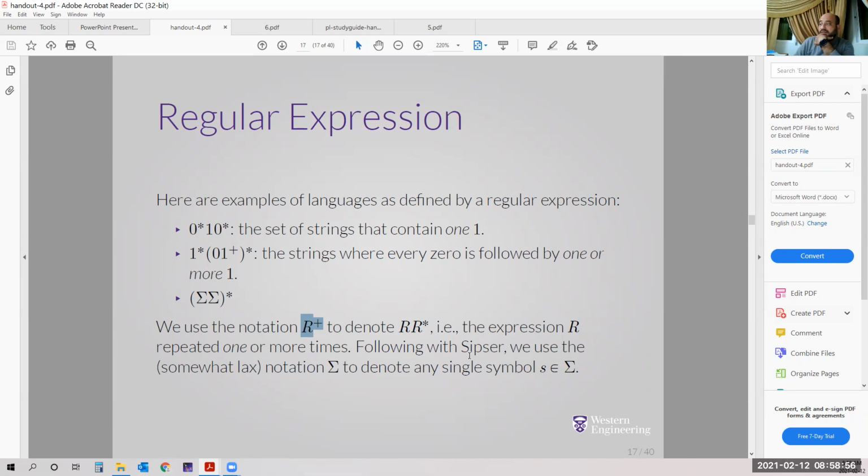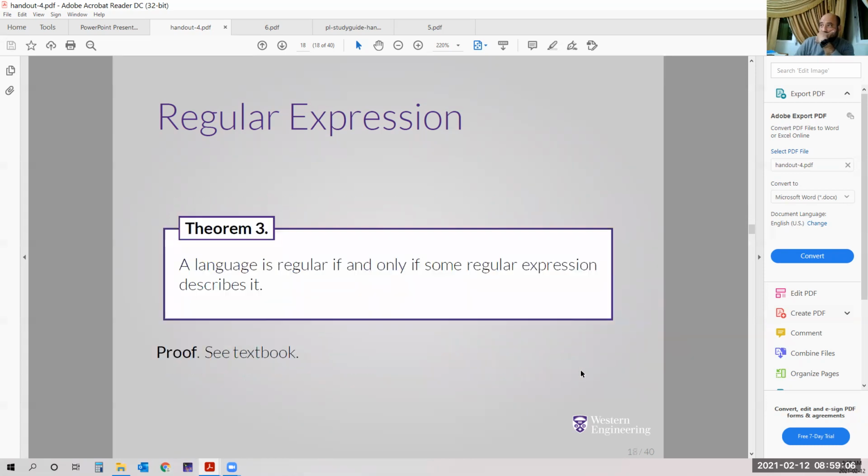Following Sipser, we use the somewhat lax notation sigma to denote any single symbol s belonging to the alphabet. A language is regular if and only if some regular expression describes it. If you want to look at that proof, it's not required in this course. However, if you want more information, you can see the textbook.